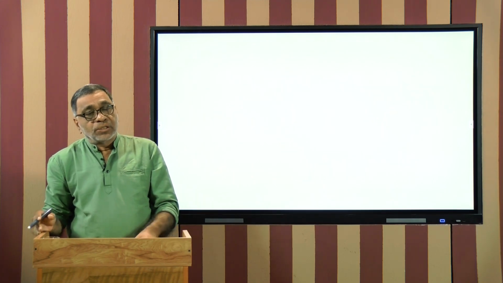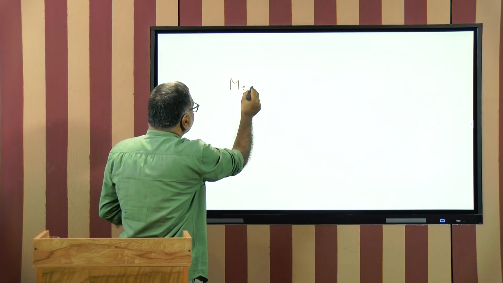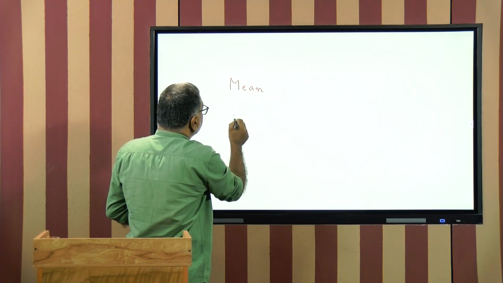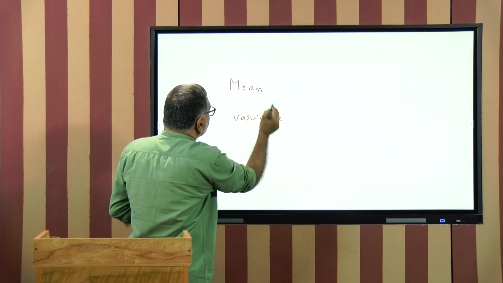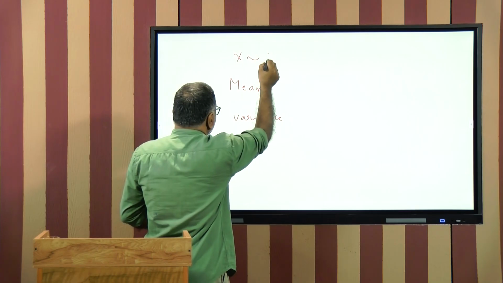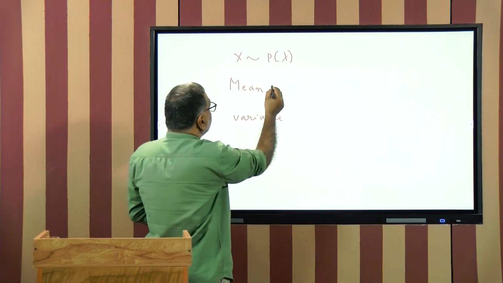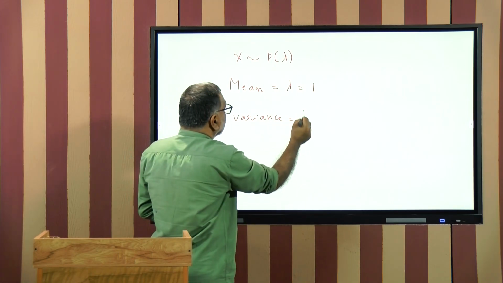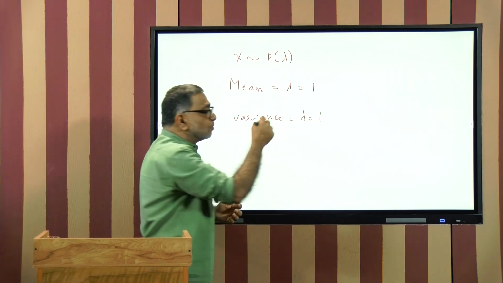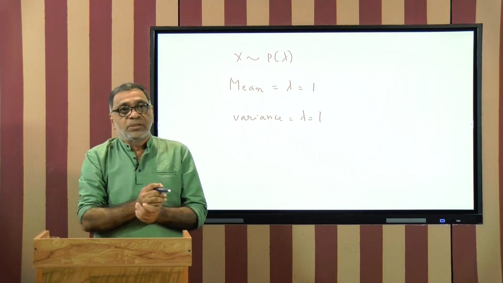Now, just look at what the mean is. The question is about finding the mean and variance of the distribution. For a Poisson random variable, suppose x is a Poisson random variable with parameter lambda, the mean is equal to lambda, and that we obtain as 1. The variance is also lambda, and lambda is equal to 1.